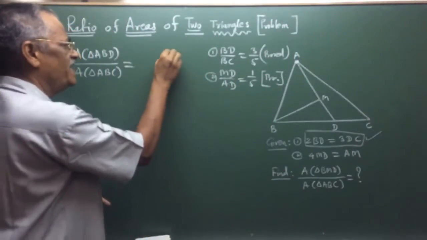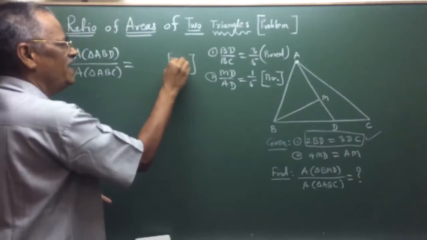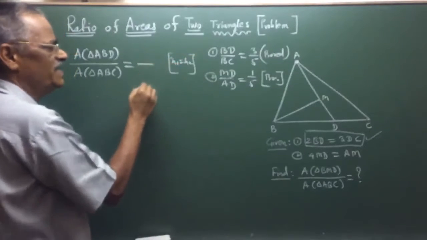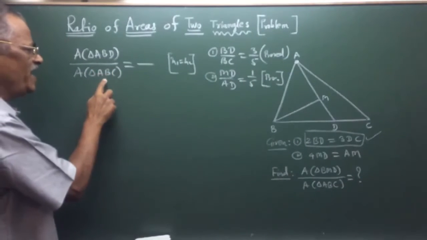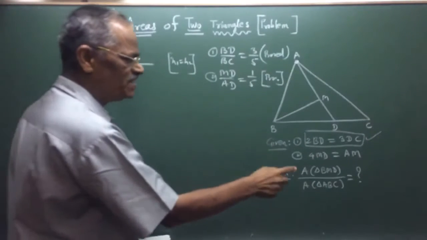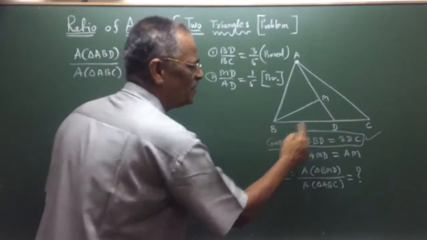You can use that the heights H1 and H2 are equal. In that case, the ratio of area ABD upon area ABC must be equal to BD upon BC.